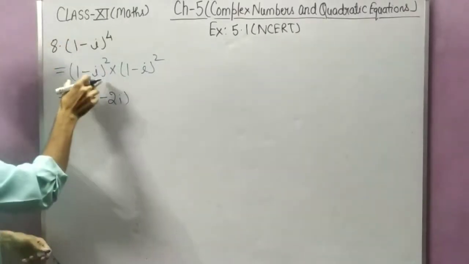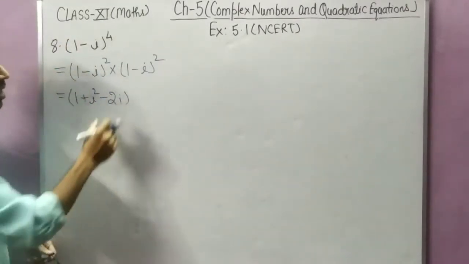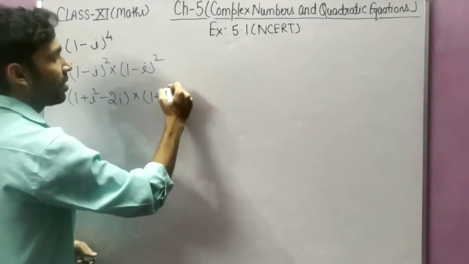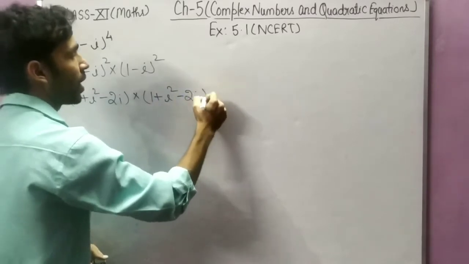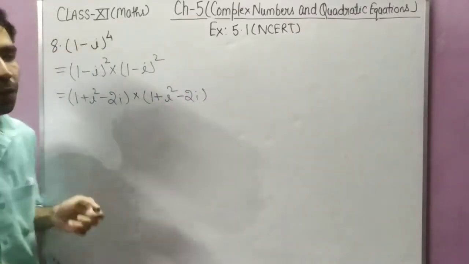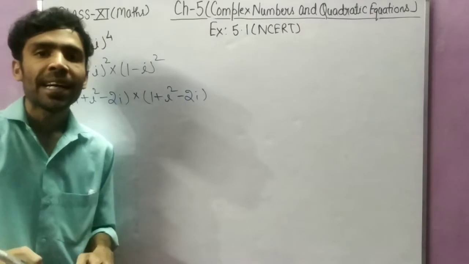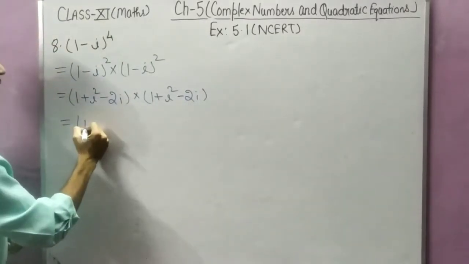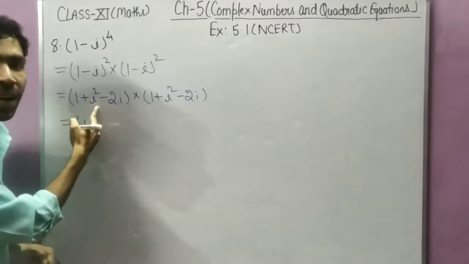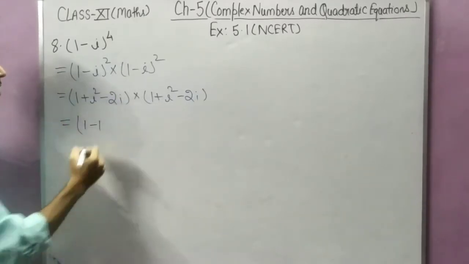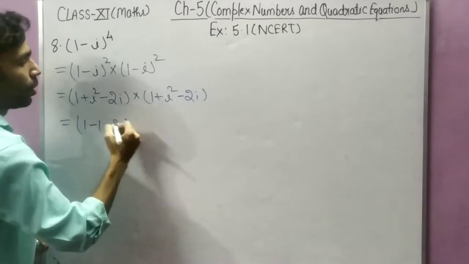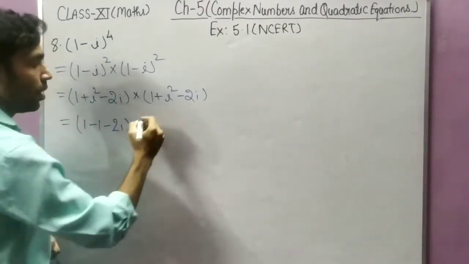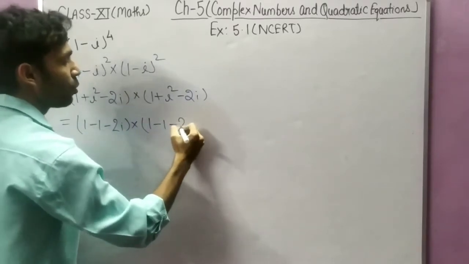The same concept I have applied here. In the other bracket again the same thing will come, 1 plus i square minus 2i. Now we all know that the value of i square is minus 1, so I put it in both brackets: 1 minus 1 minus 2i, into 1 minus 1 minus 2i.